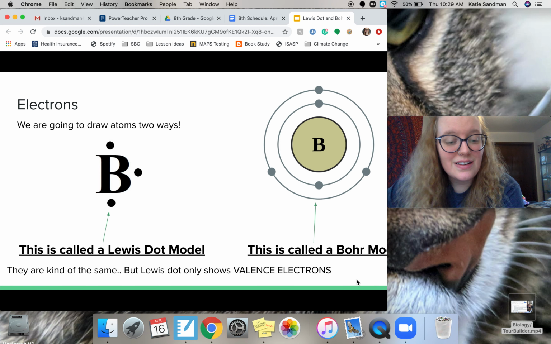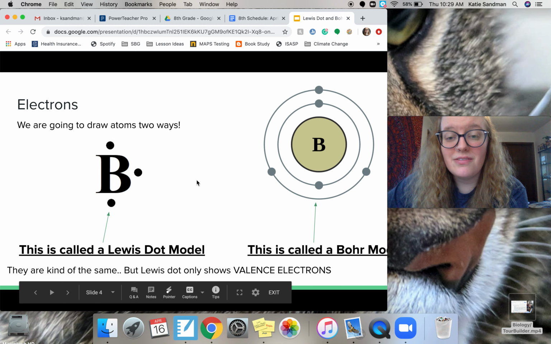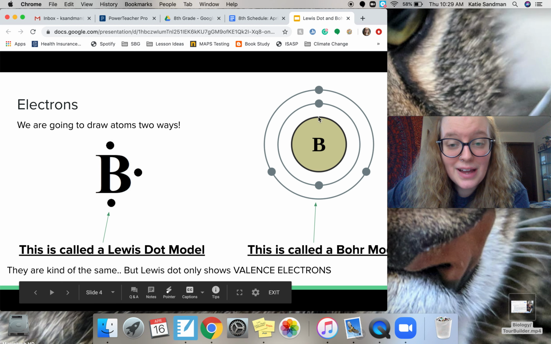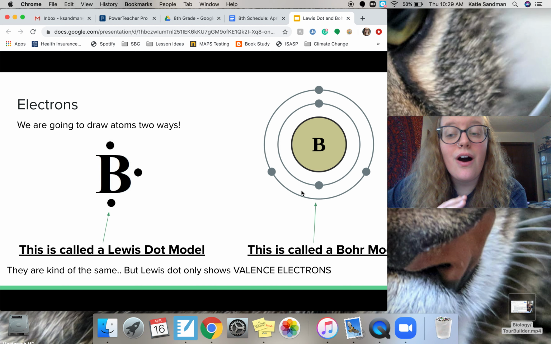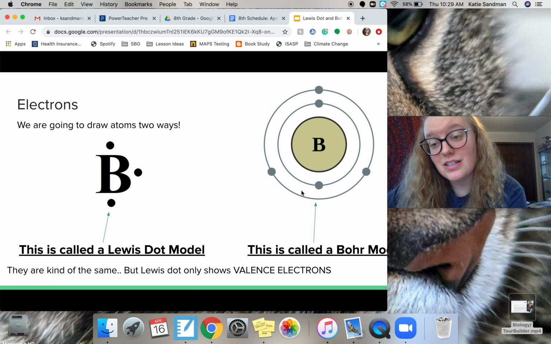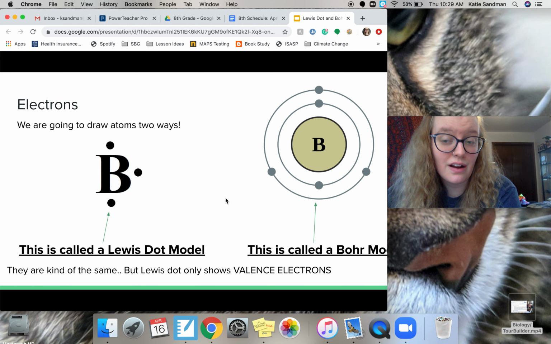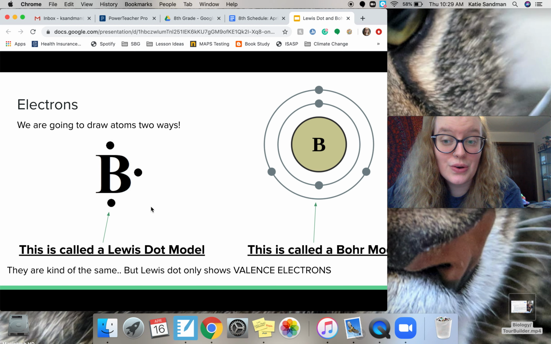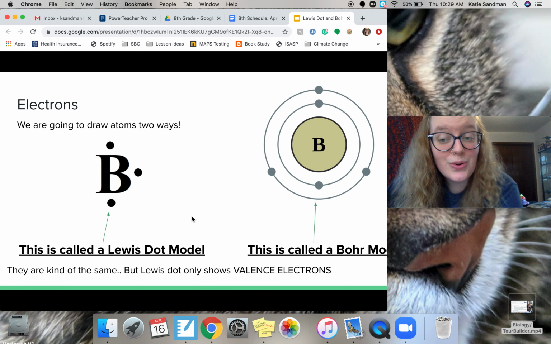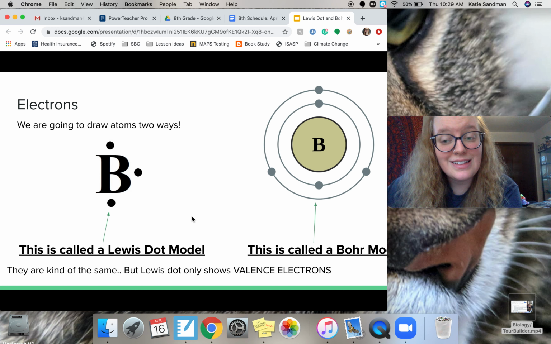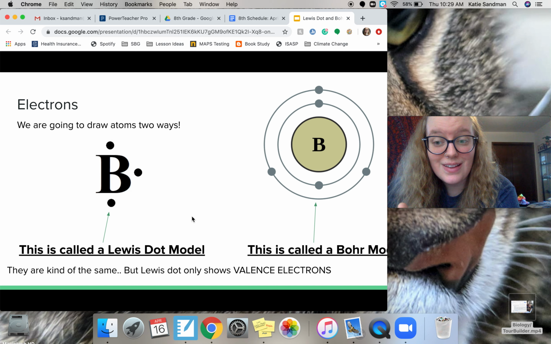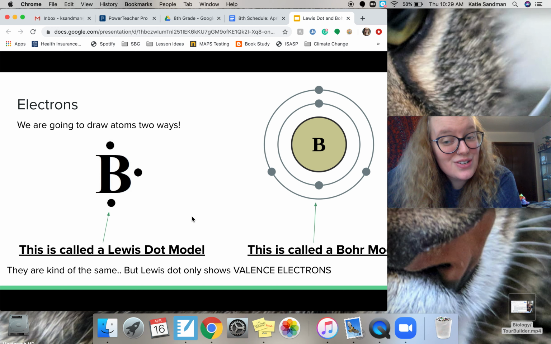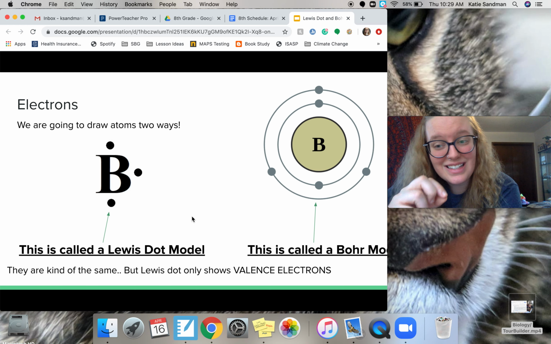Like I said, they're kind of the same, but our Lewis dot only shows valence electrons. Our Bohr model over here is going to show all of the electrons that are in that particular element. This is only going to show the valence electrons, and it's going to be easy because the most valence electrons that an element can have is 8. So you're not going to have to draw anything more than just 8 little dots.